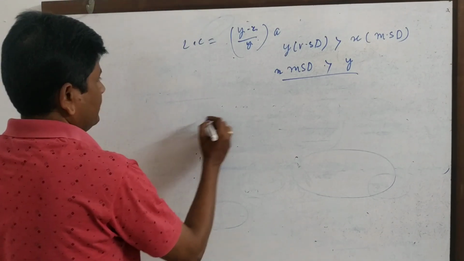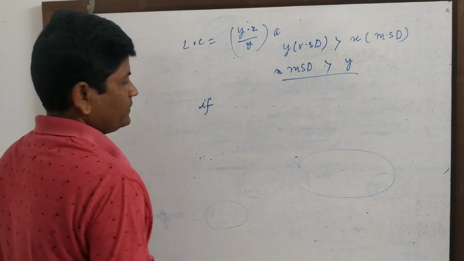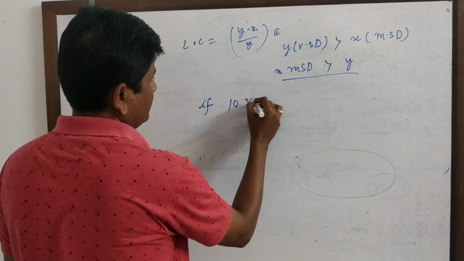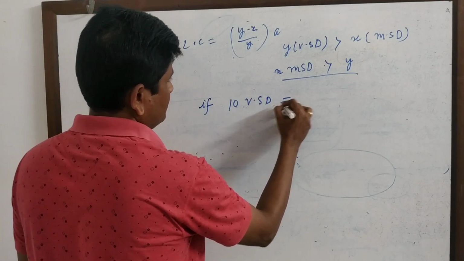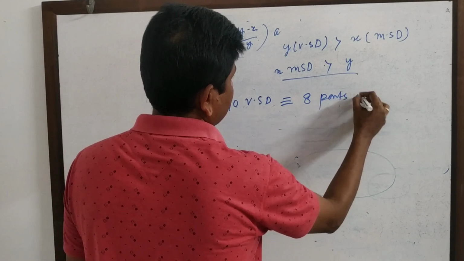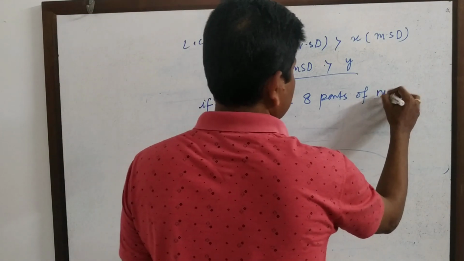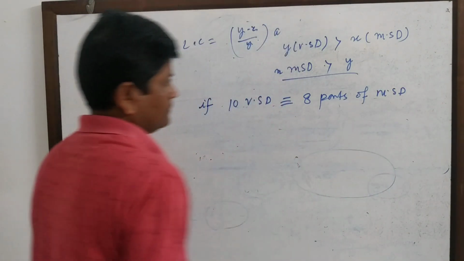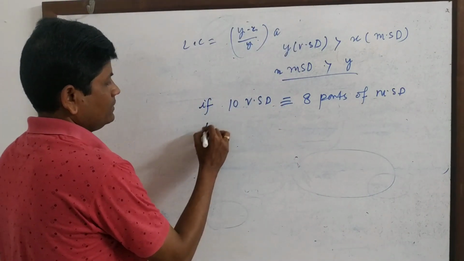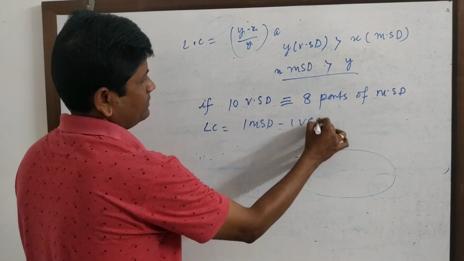Now if 10 parts of the vernier scale division coincide with 8 parts of the main scale division, find the least count. Least count is equal to 1 MSD minus 1 VSD.